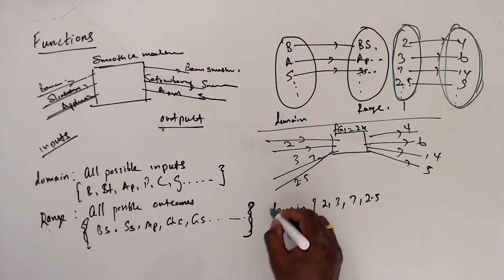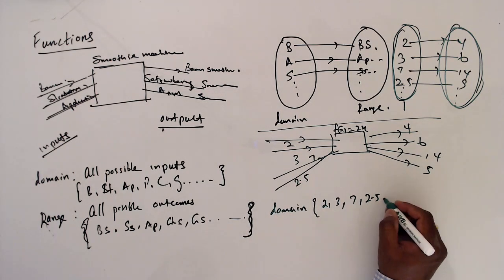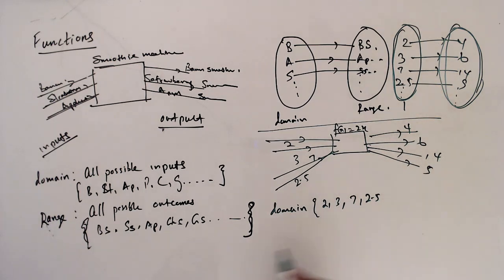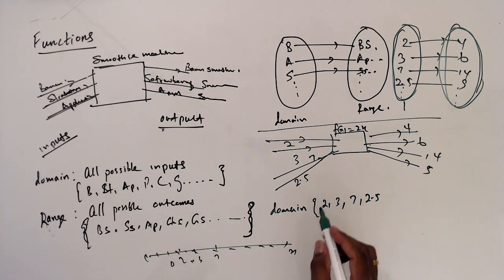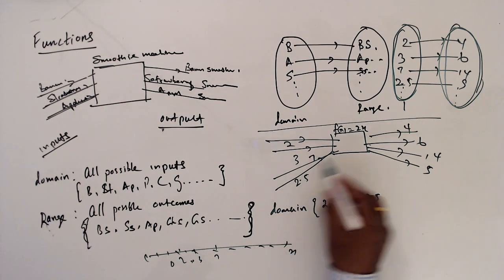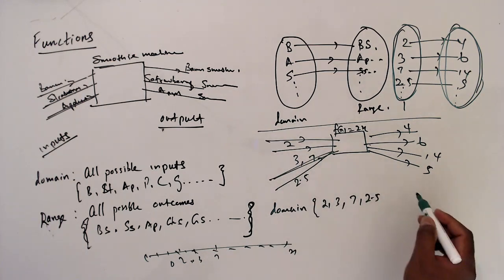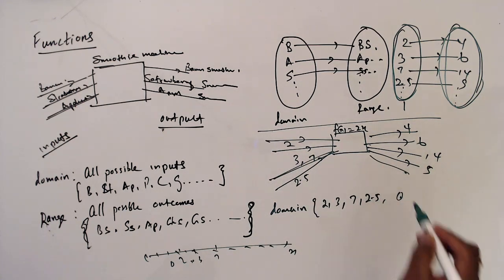Also we can insert from the number line or from the x-axis. So we pick 2, 3, 7, 2.5, 0. Yes, when we insert 0, the answer is 0.